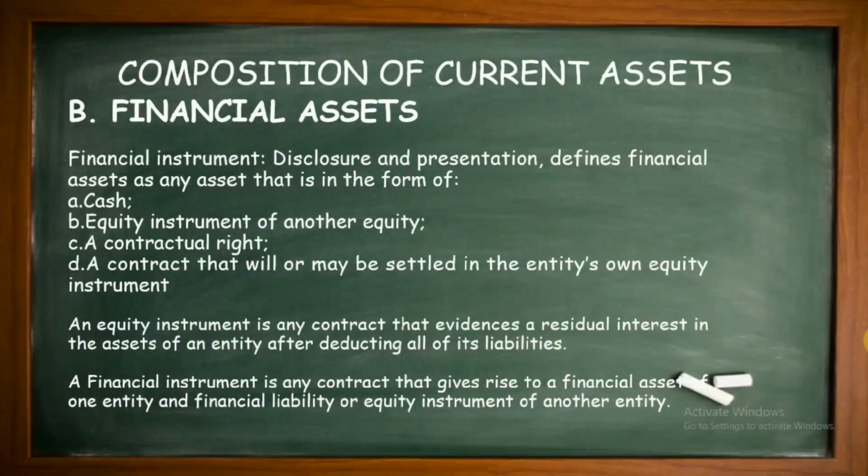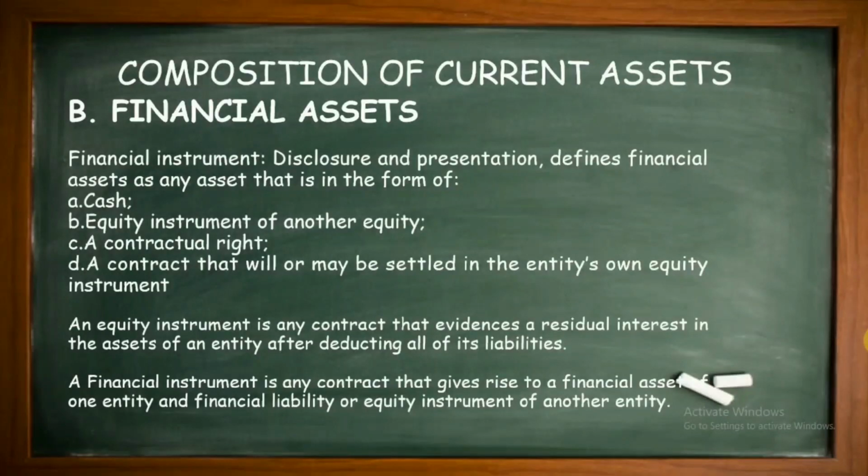Financial instrument disclosure and presentation defines financial asset as an asset that is in the form of cash, equity instrument of another entity. So, ibig sabihin, equity instruments are the documents that act as legal evidence of proof of ownership right.